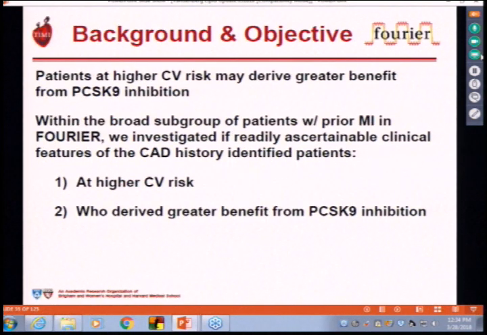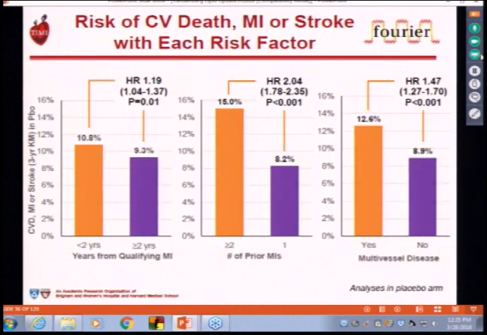And what they did was, this was just presented a couple months ago, the idea was, well, patients who have coronary disease are not all apples. There's a spectrum. So they looked at the spectrum of disease in a number of ways. If you had a recent MI, you got more benefit.